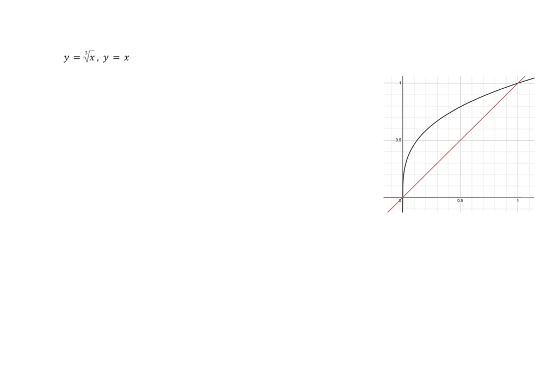So the first thing I'm going to do is let's solve these for x. So for the first one, I'm just going to cube both sides. X equals y cubed. And then the other one, that one's really easy, just x equals y. Okay, so the intersection points are, this is at the y value 0, and then this one is at the y value 1.